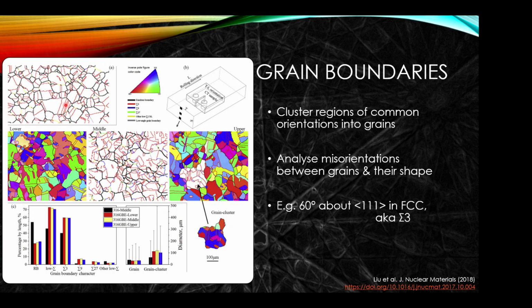There's an associated small stacking fault in that system. This is the sigma 3 boundary, a special boundary, and it may have special properties with regards to, for instance, stress corrosion cracking. And so we can evaluate the shape and distribution, and also the morphology, so whether they are, say, coherent or incoherent structures in the material.